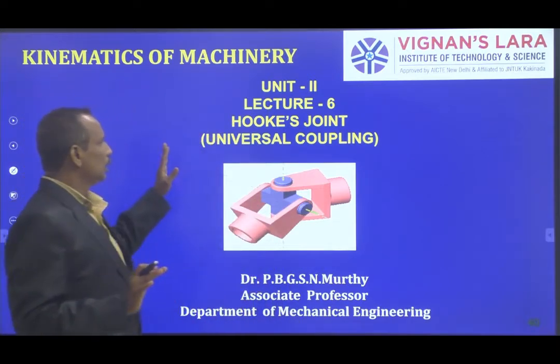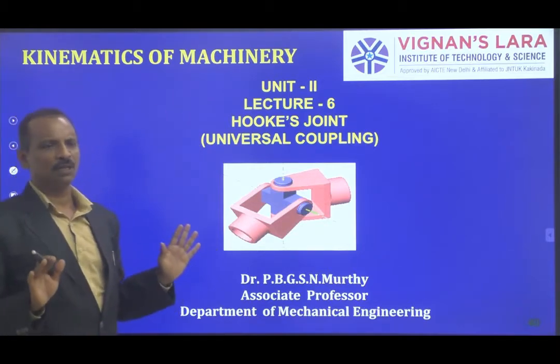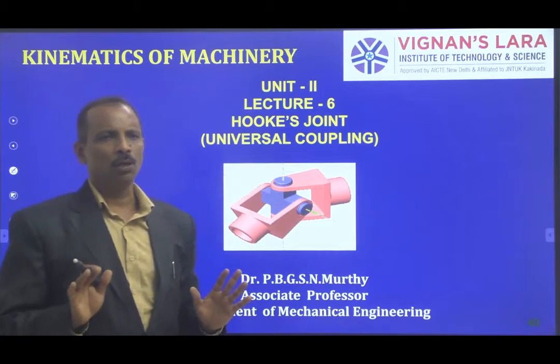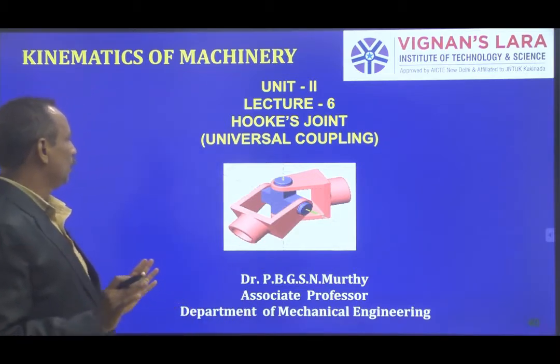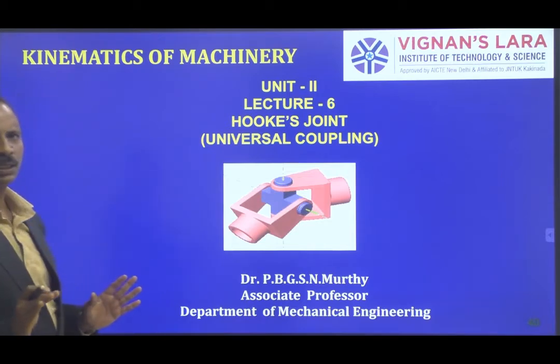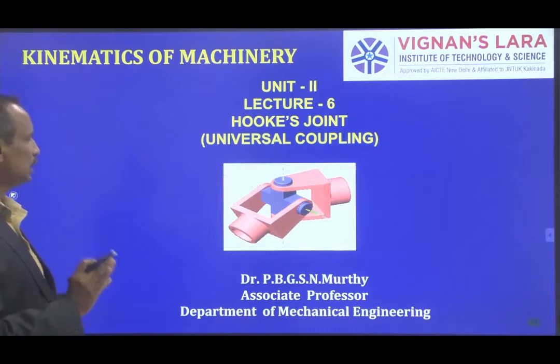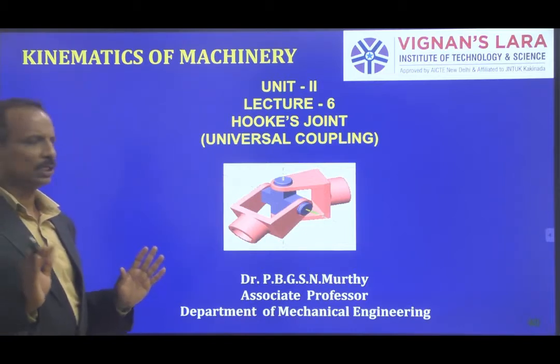So this hook joint is also called universal coupling. Where we use this hook joint, how this joint works, and what is the advantage of hook joint over other joints.